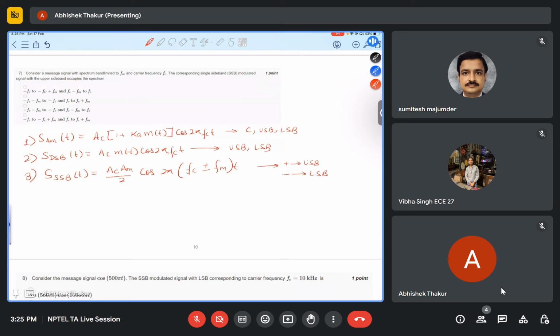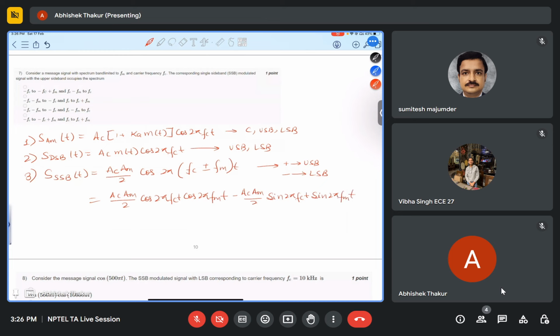So now they are asking in this question, for upper sideband. For upper sideband, if it is plus, then we can write this as Ac Am by 2 cos of 2 pi fc t cos of 2 pi fm t minus Ac Am by 2 sine of 2 pi fc t sine of 2 pi fm t.